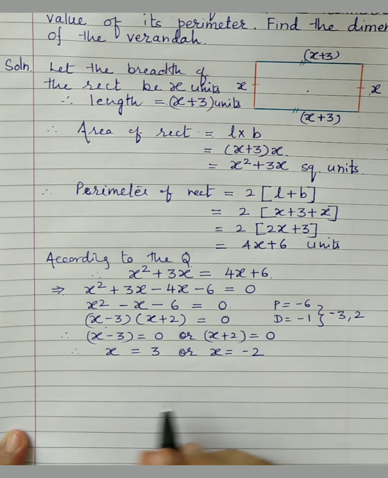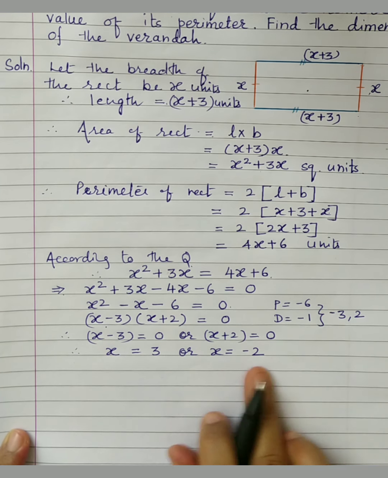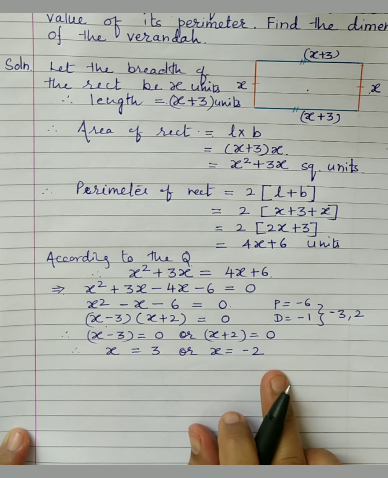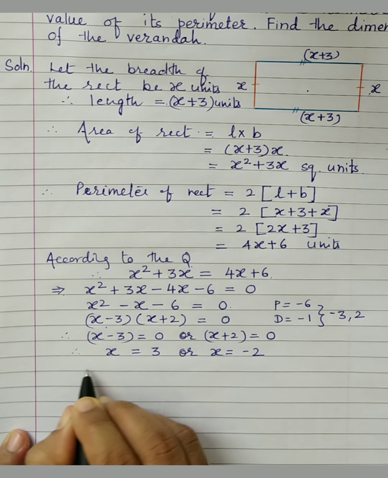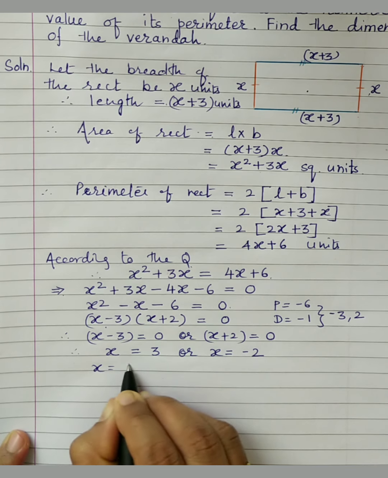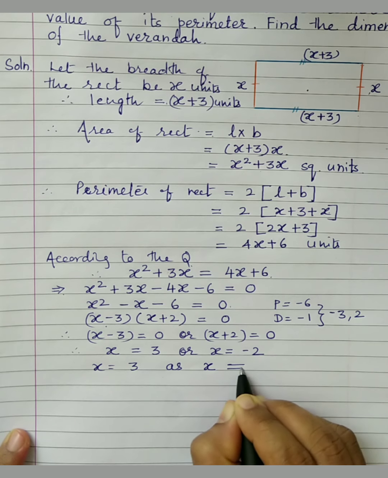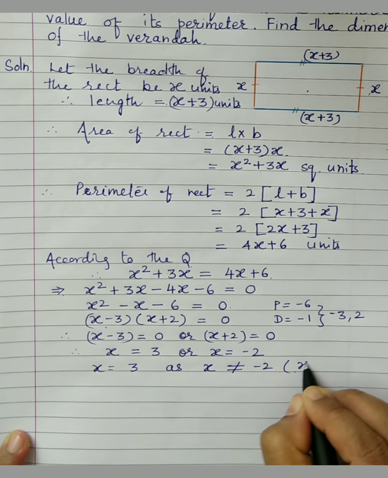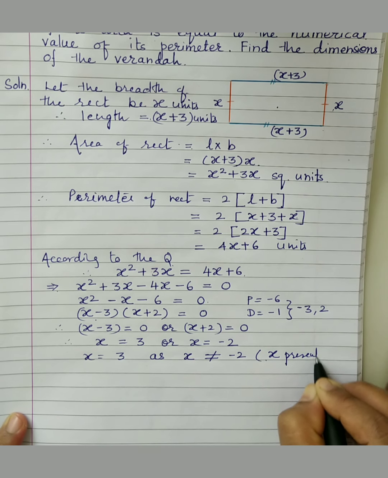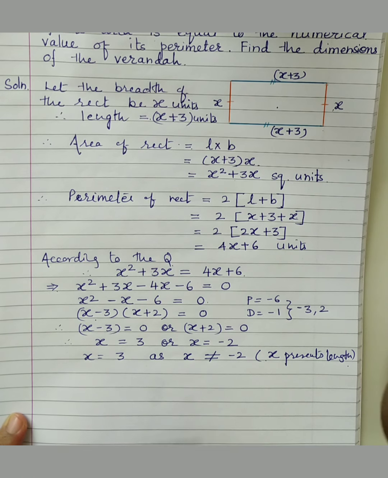Now in this geometrical problem, one thing is very obvious. We need to understand that we cannot have a negative dimension; any length cannot be negative. So x is equal to 3, as x cannot be minus 2. In the bracket you can write that x represents length, not the literal length of a rectangle here, any length.